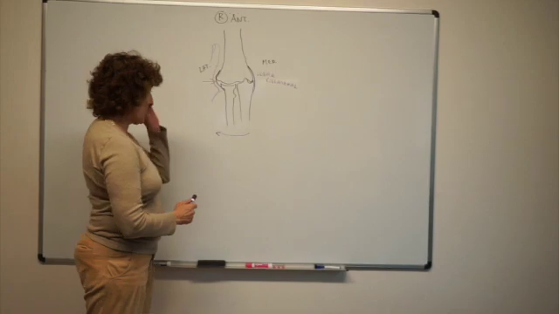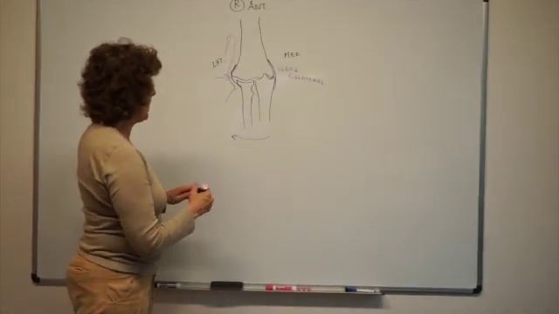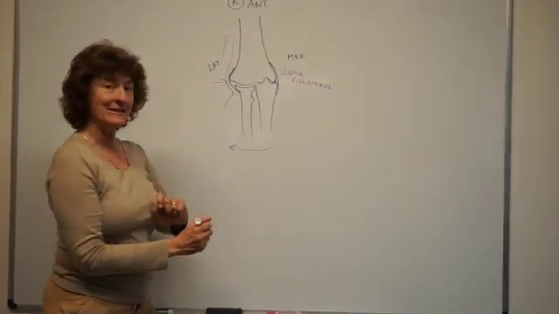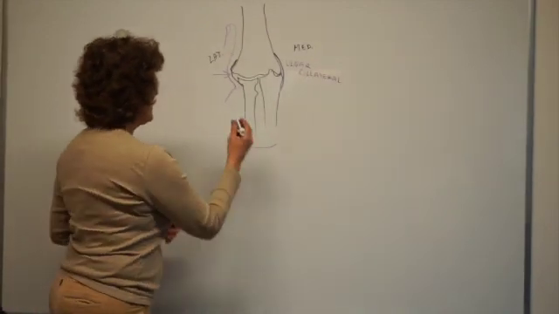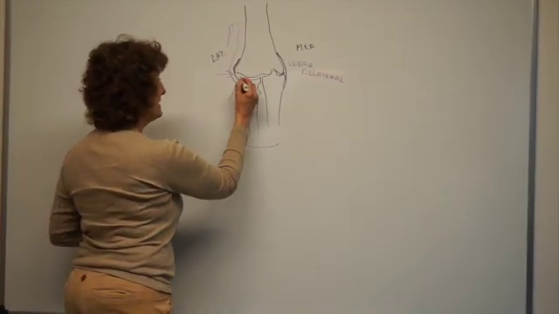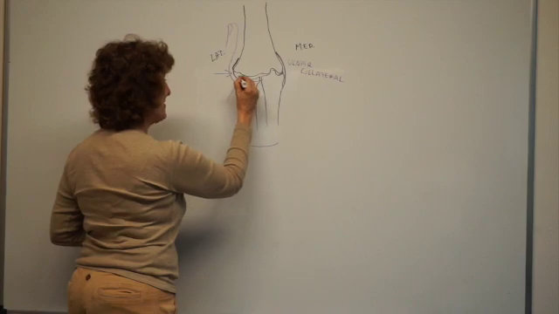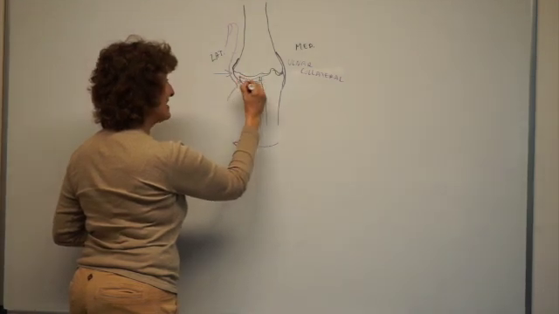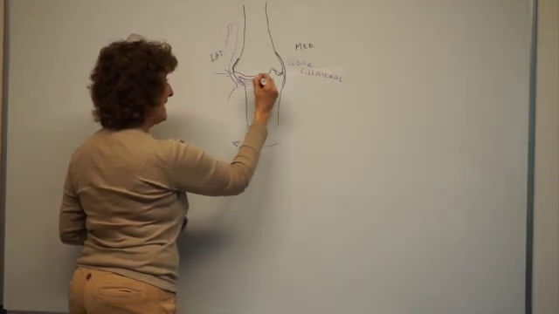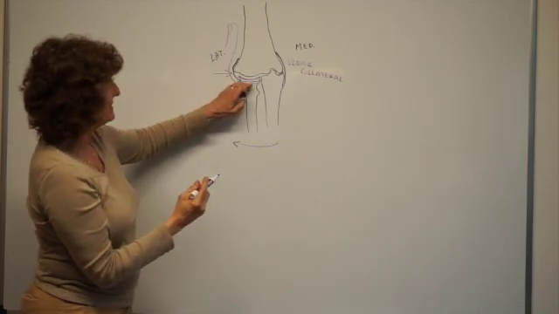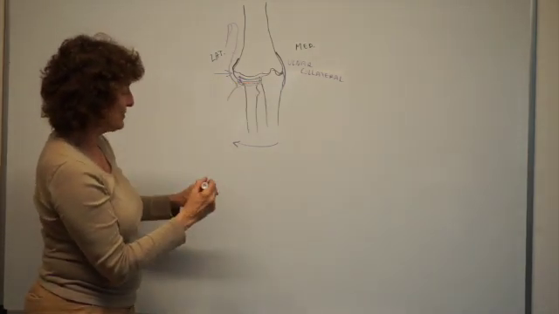Other features of this joint to be considered are the radius itself. Now it has a ligament which wraps around, it's an annulus, and it holds the radius, the radial head, in position, in relationship with the ulna.